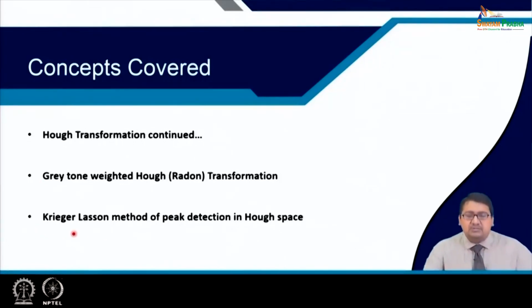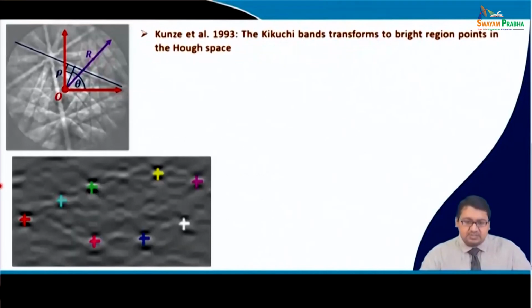Later we will try to understand the Krieger-Larsen method of peak detection in Hough space, and this will give you all an idea of how in EBSD the Hough transformation is used to calculate the orientation and to extract information about the quantitative microscopy. So, let us go ahead.